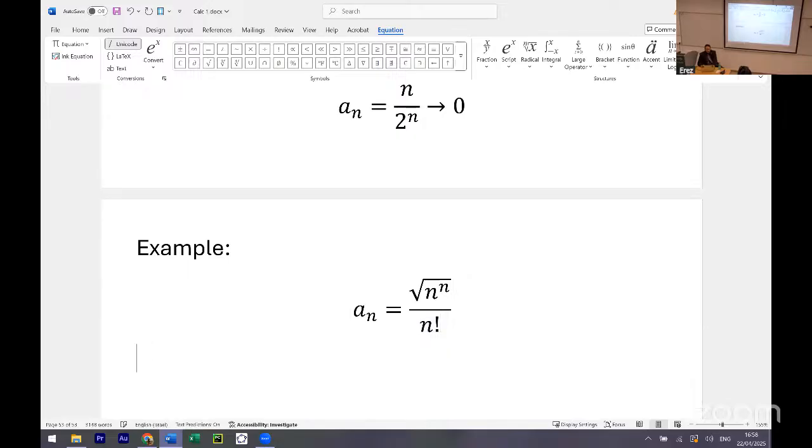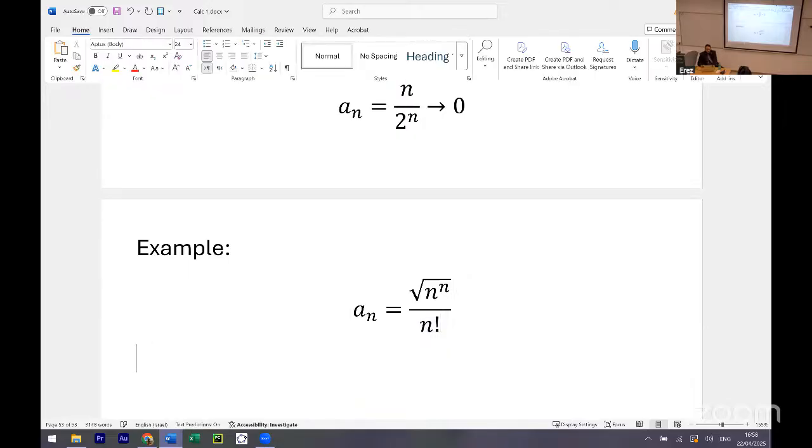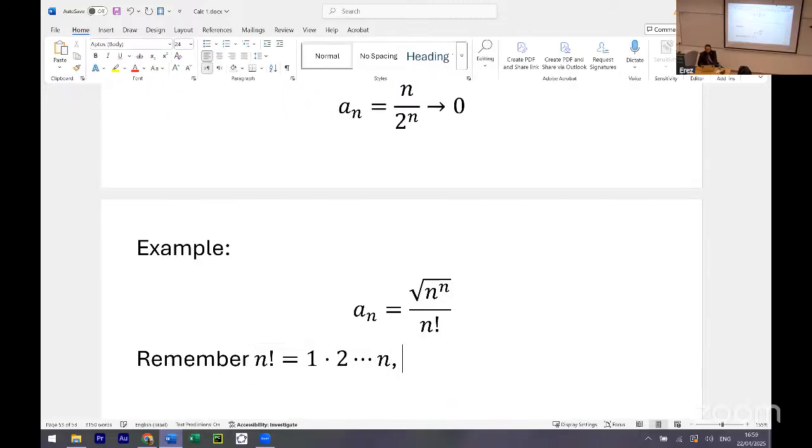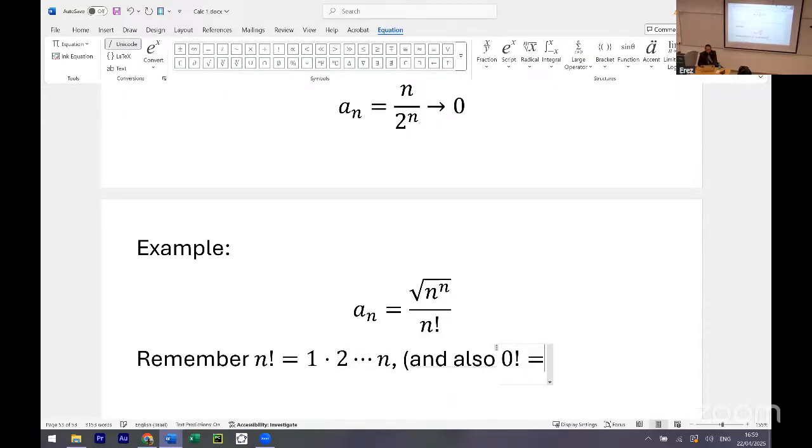I'll remind you that n factorial is 1 times 2 times up to n. And it doesn't matter now, but I will tell you, also 0 factorial is 1.